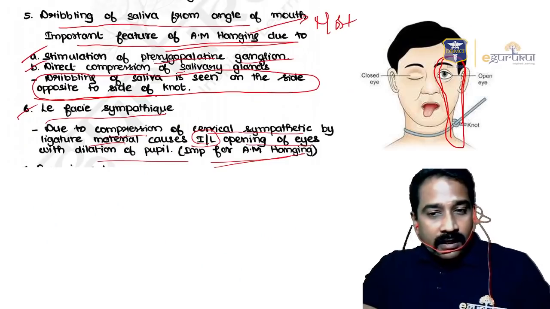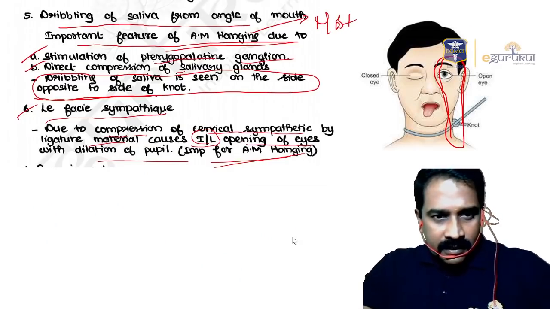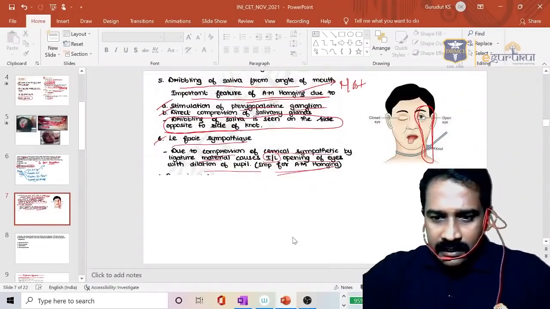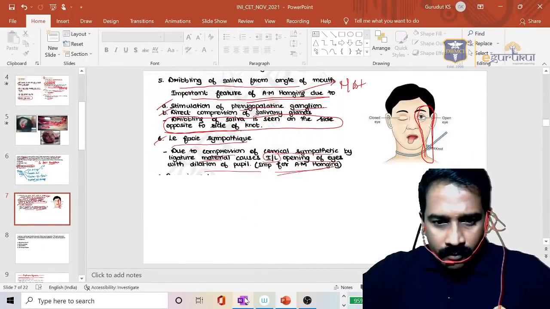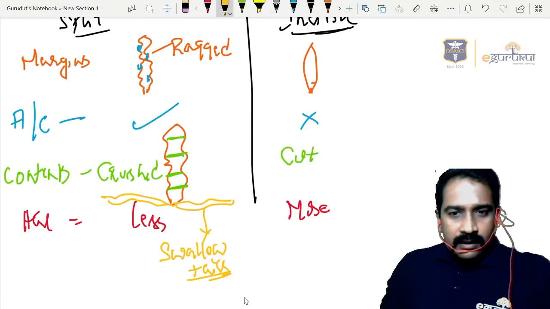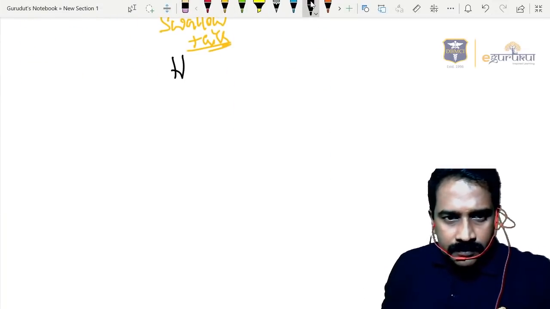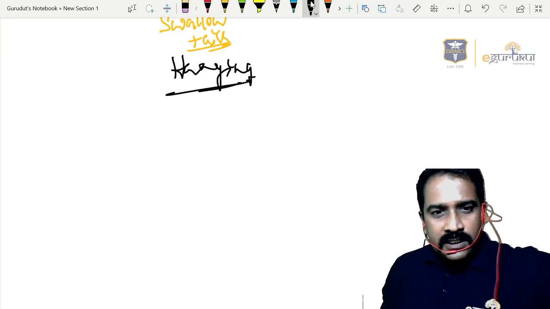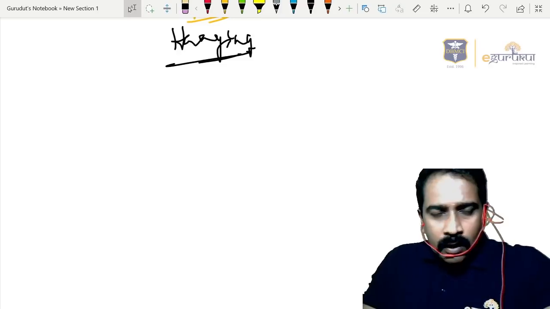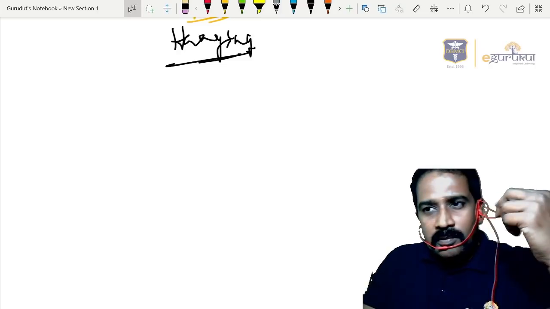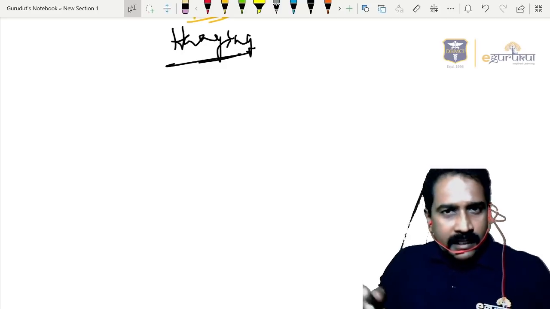Now, regarding hanging itself, I just want to highlight a few important points. Two features which we already discussed: one is dribbling of saliva, and the second is Leaf facies sympathetic, to say it is an antemortem hanging.